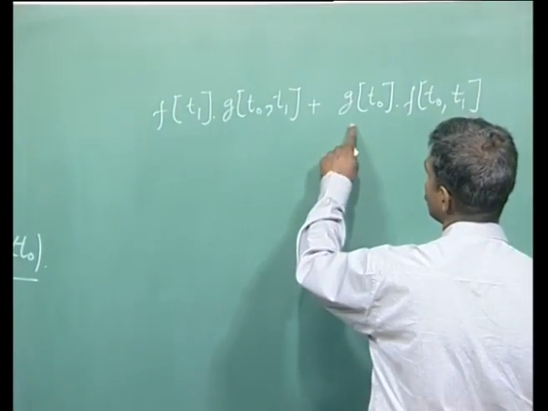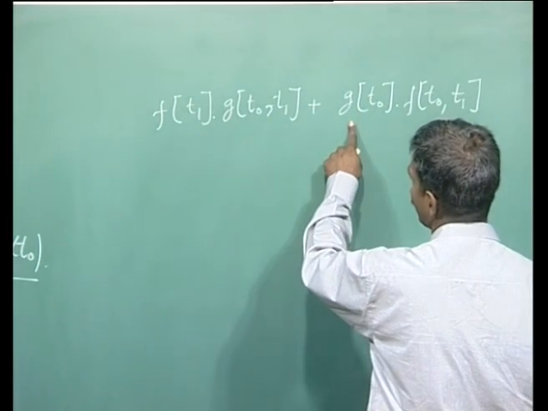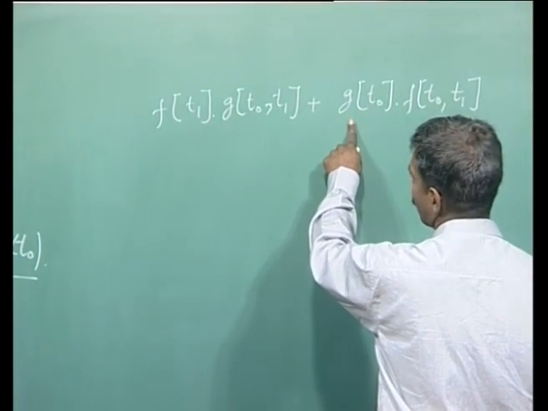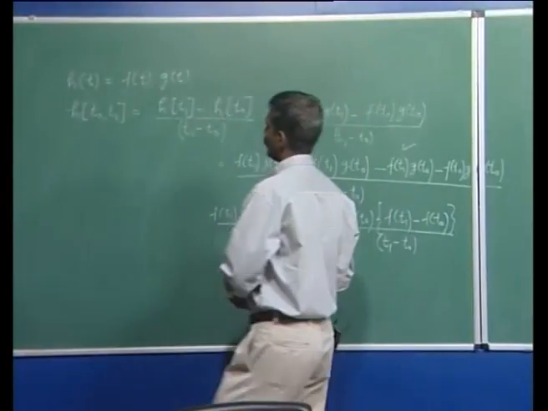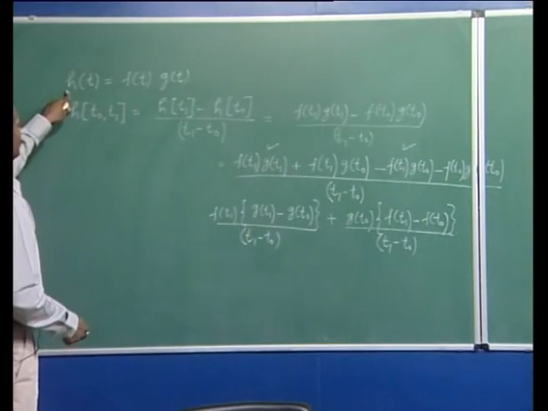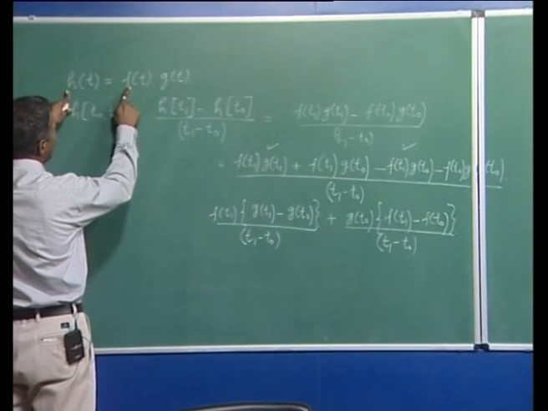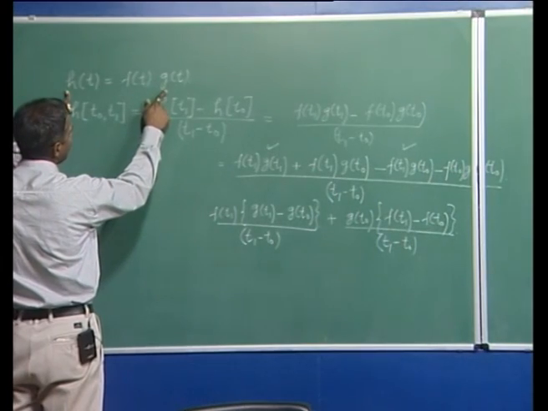And this is what the Leibniz result predicts for the first divided difference of a function h(t) that can be represented as a product of f(t) and g(t).